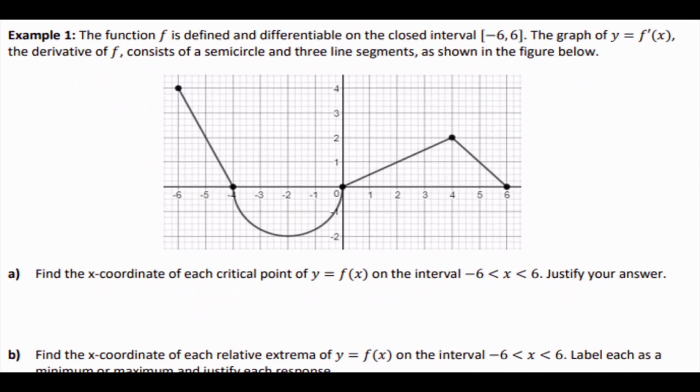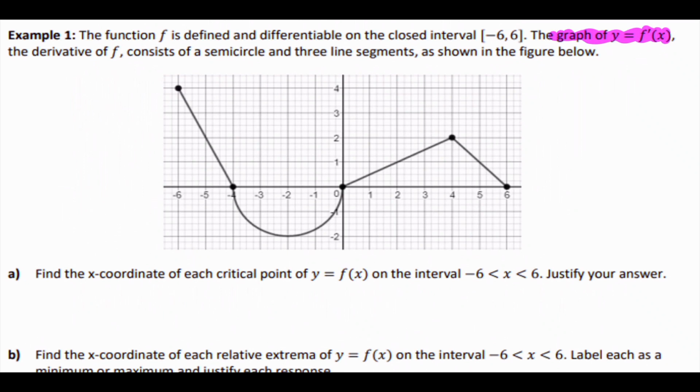Okay. The graph of f prime, the derivative of f, consists of a semicircle and 3 line segments, as shown in the graph below. So the graph is not f. The graph is of the derivative of f.